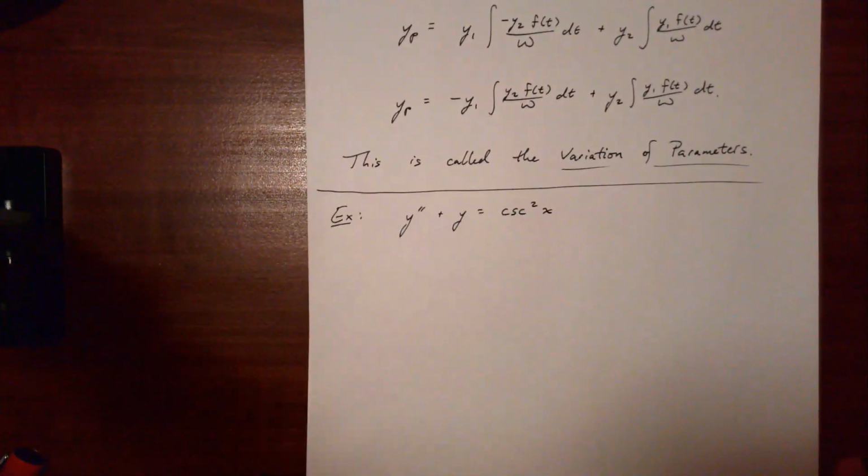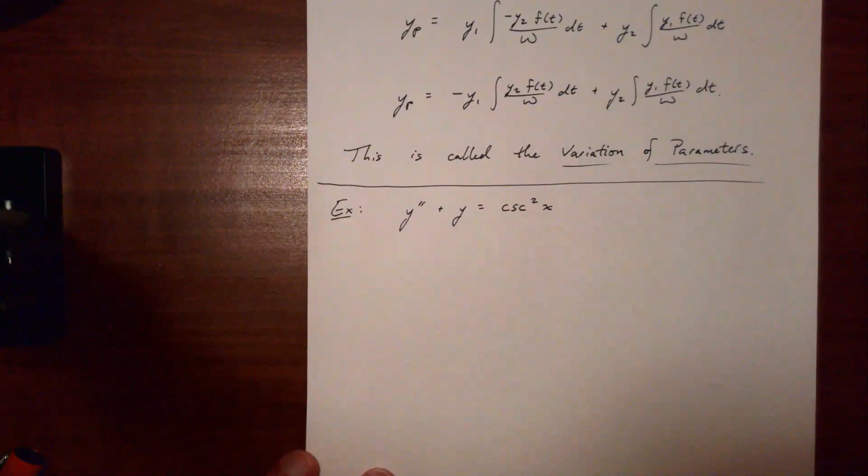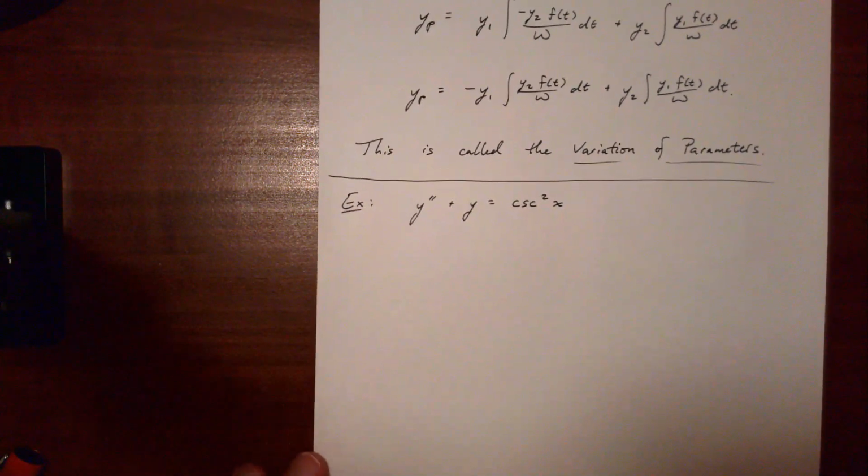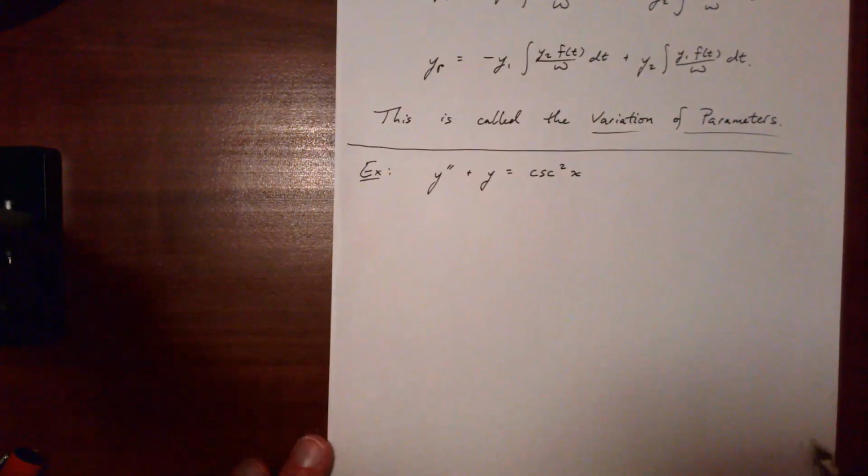Now we look at this formula and think about what we need to find. We need y1 and y2 to begin with, and so that's going to involve looking at the characteristic equation.